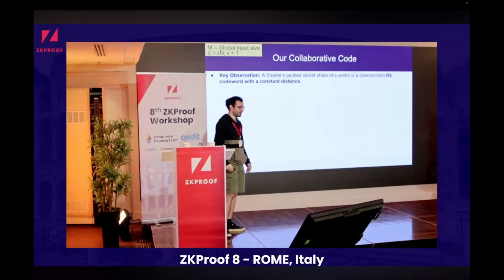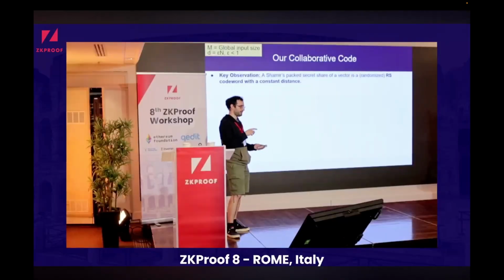So how do you do it? You want to share a vector? One way is to just independently share each element. But if you want to share a vector, you take the vector, add some randomness, which depends on the security threshold, and then interpolate the polynomial that is derived from this large vector.